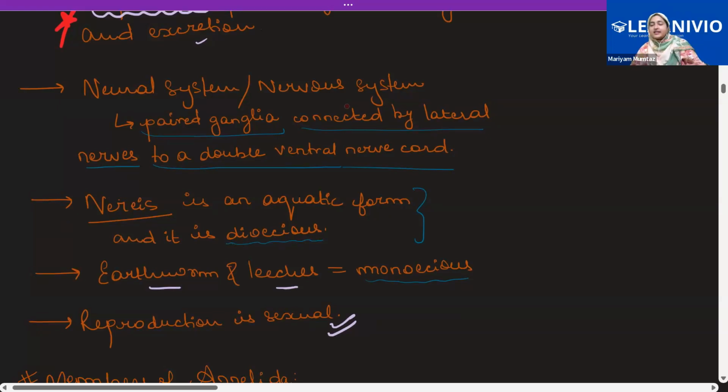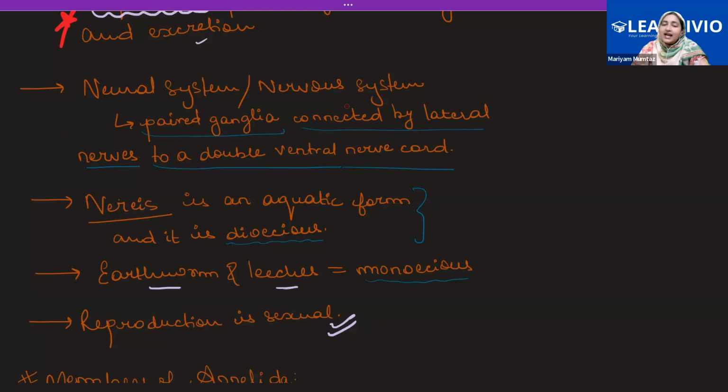Ventrally, there is a nerve cord present, meaning in the front and side of the body. Attached to the nerve cord are the lateral nerves, and those lateral nerves connect the ganglia together. Clear? So in them, the ganglia is the brain.